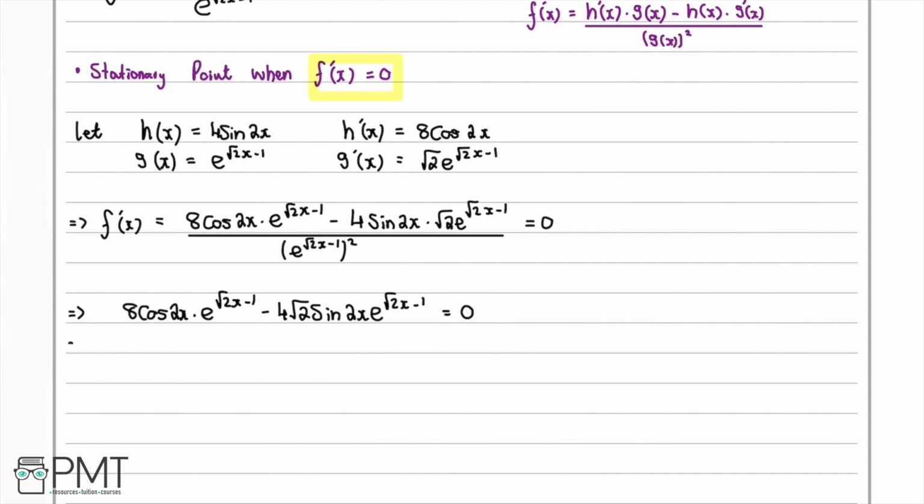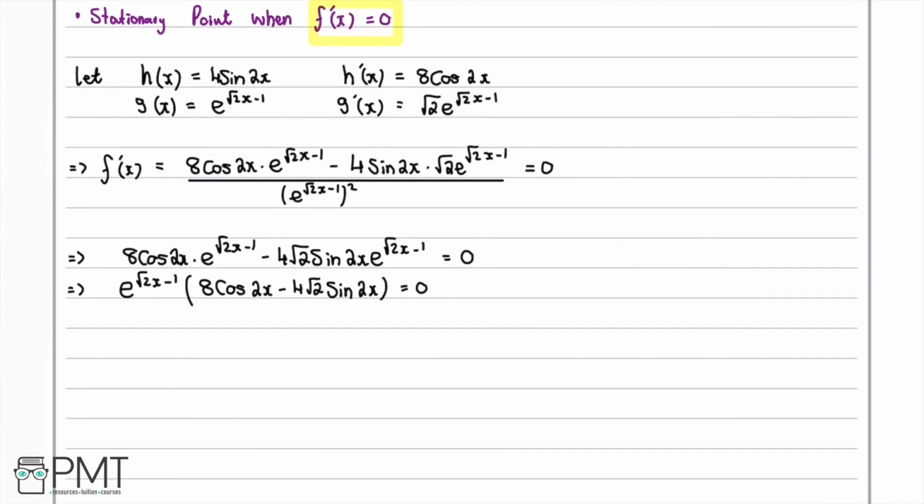So let's take e to the power of root 2 x minus 1 out as a common factor, multiplied by 8 cos 2x minus 4 root 2 sine 2x, and that's all equal to 0. If we now divide both sides by e to the power of root 2 x minus 1, we eliminate that from this side, and the other side remains as 0.